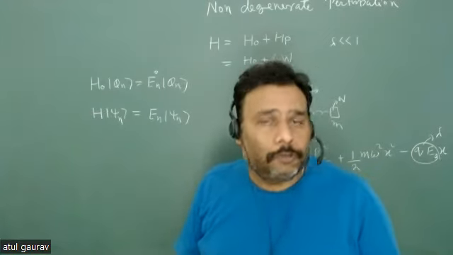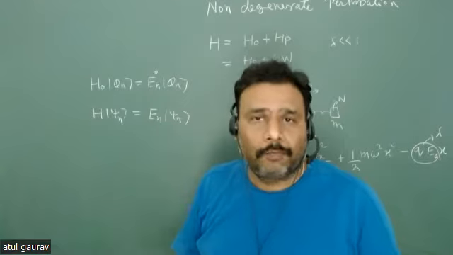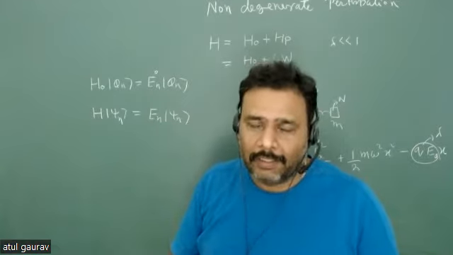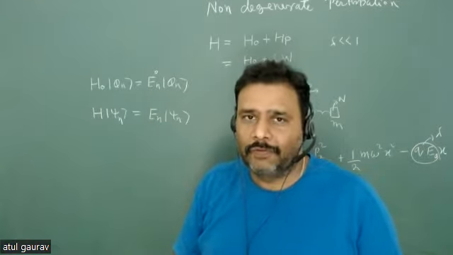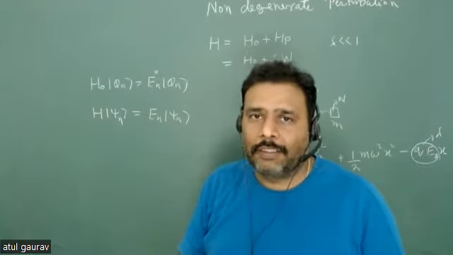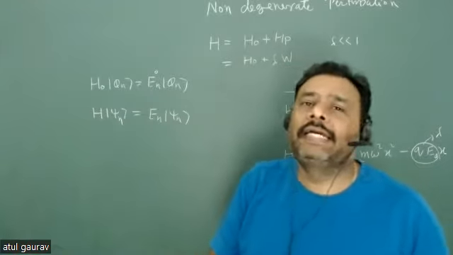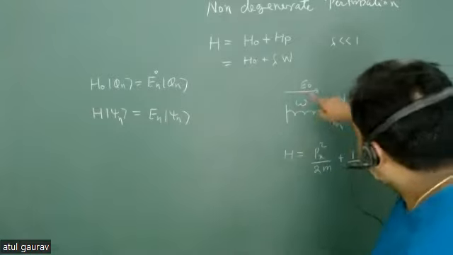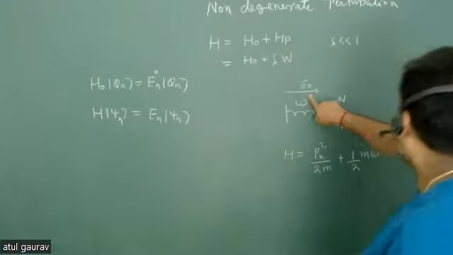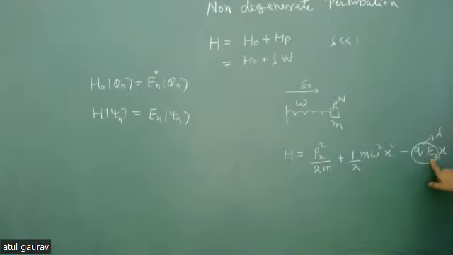Then your system is going to change. It will never remain a harmonic oscillator. Are you getting my point? Yes, sir. It will never remain a harmonic oscillator. So now I can claim about my electric field, that is, q into E naught.